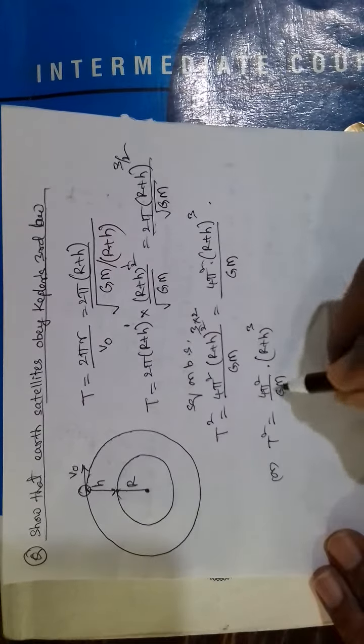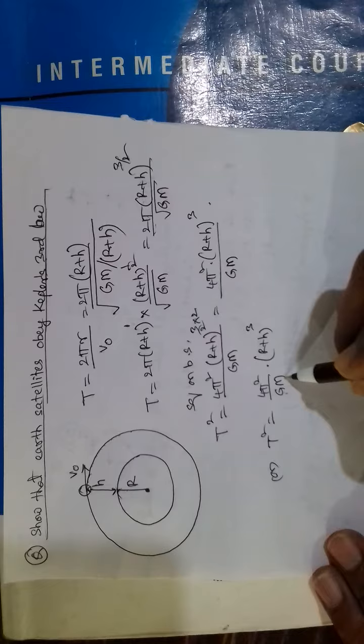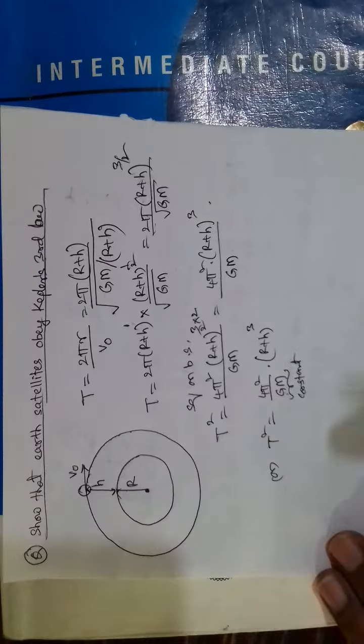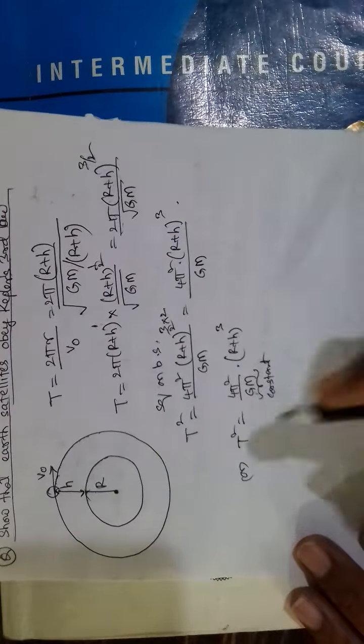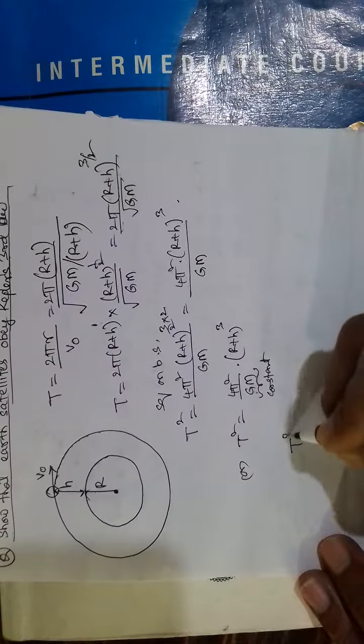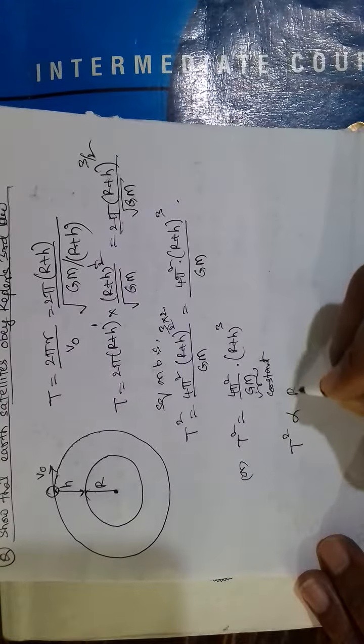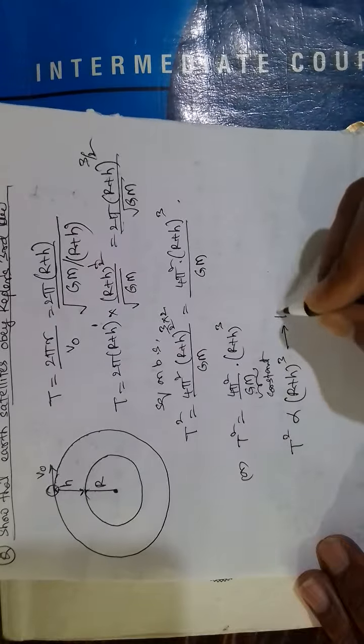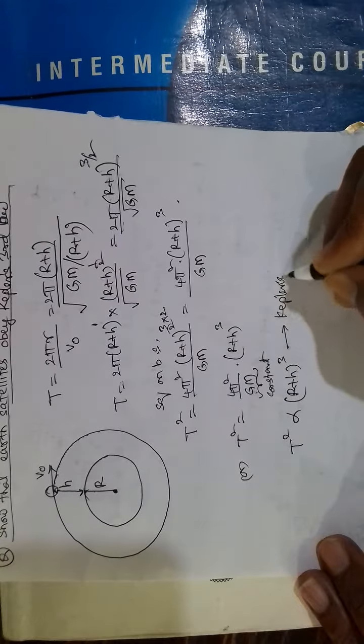In this, G and M are constants, so this can be taken as the constant of proportionality, so that you can write T square is directly proportional to (R plus h) cube. This is Kepler's third law.